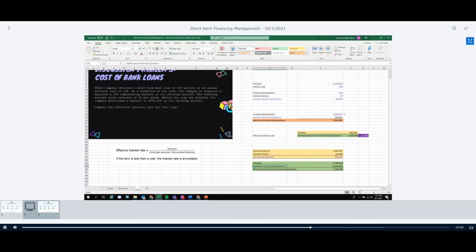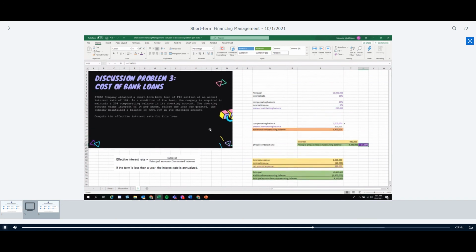There's additional compensating balance of 1,800,000. So therefore, it's 8,200,000. Okay, so that's 982,000 divided by 8,200,000. So that's 11.98%. Okay, so that's the effective interest rate.